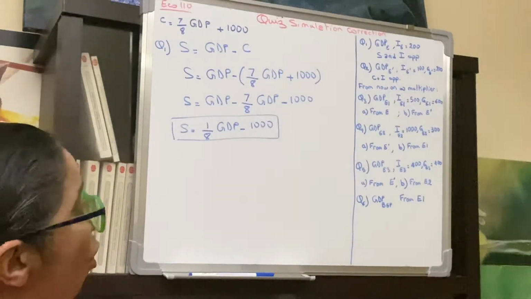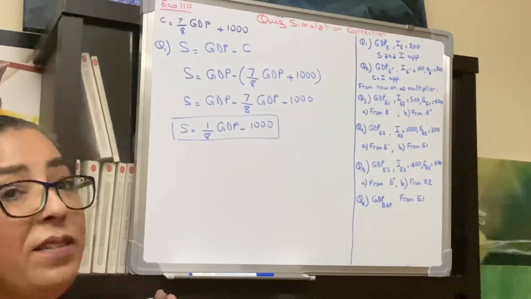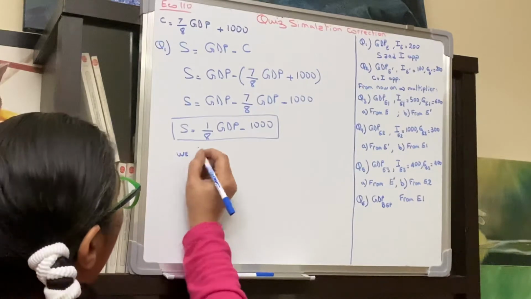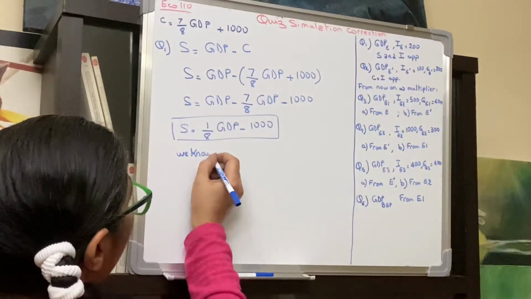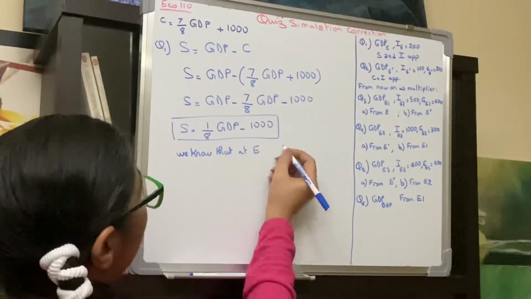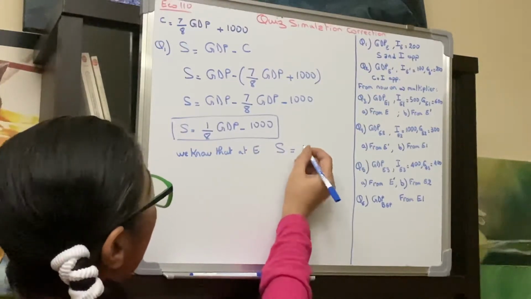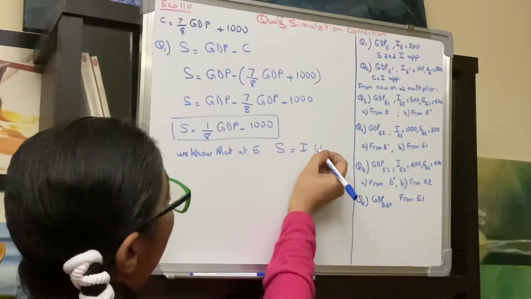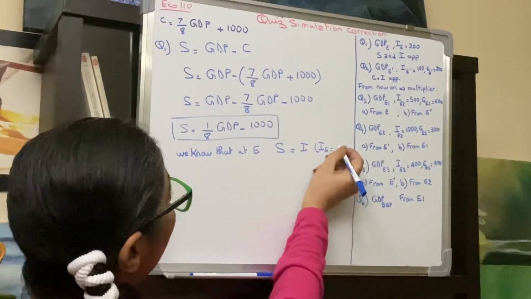So now you know that at equilibrium, saving is equal to investment. We know that at equilibrium, S is equal to I. And here I have IE is equal to 200.